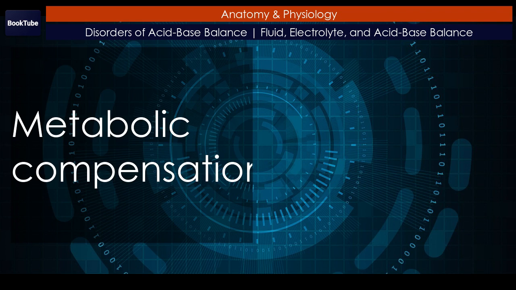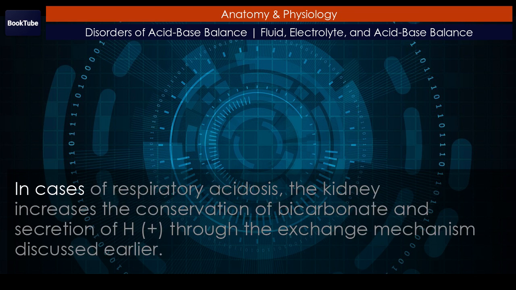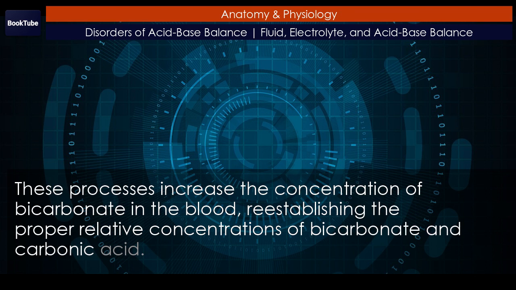Metabolic compensation. Metabolic and renal compensation for respiratory diseases that can create acidosis revolves around the conservation of bicarbonate ions. In cases of respiratory acidosis, the kidney increases the conservation of bicarbonate and secretion of H+ through the exchange mechanism discussed earlier. These processes increase the concentration of bicarbonate in the blood, re-establishing the proper relative concentrations of bicarbonate and carbonic acid.